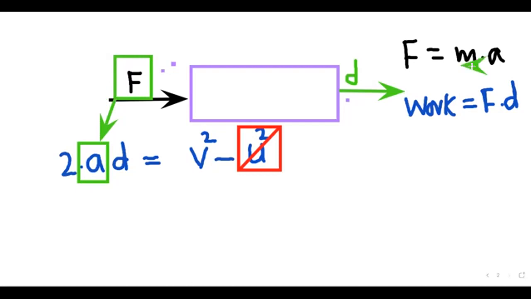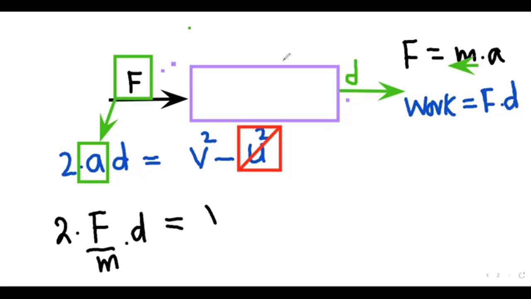If we move mass to this side, then acceleration would be force over mass. So we can write the equation as 2 times force over mass times displacement, which is equal to v square.